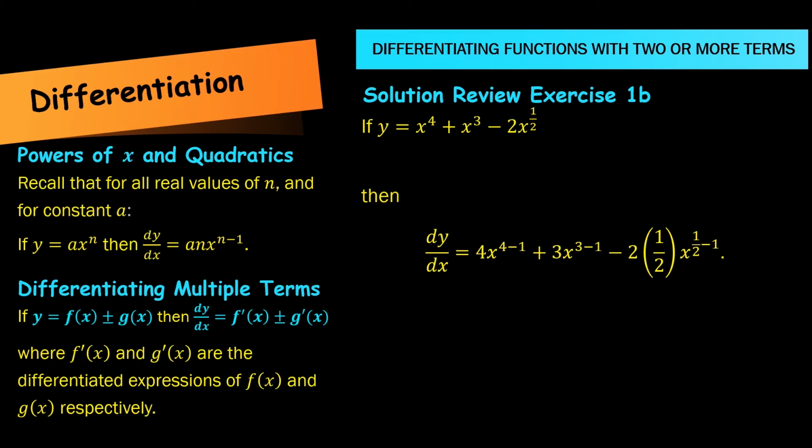We have that dy dx equals 4x to the 4 minus 1 plus 3x to the 3 minus 1 minus 2 times a half times x to the half minus 1. And tidying up gives us 4x cubed plus 3x squared minus x to the minus half.